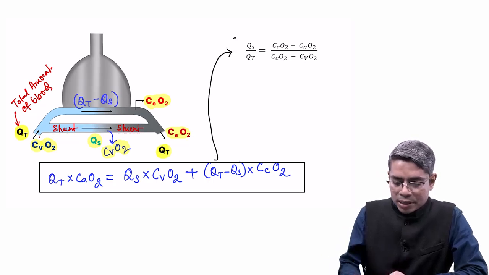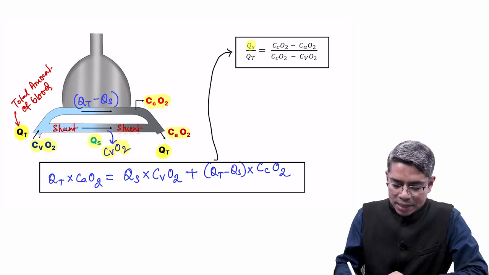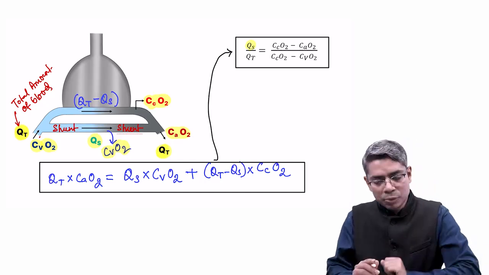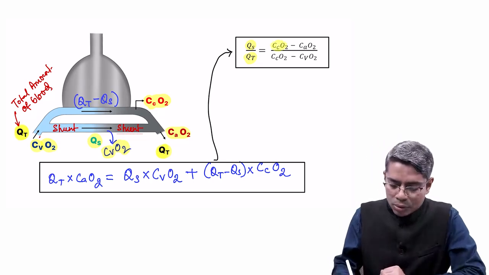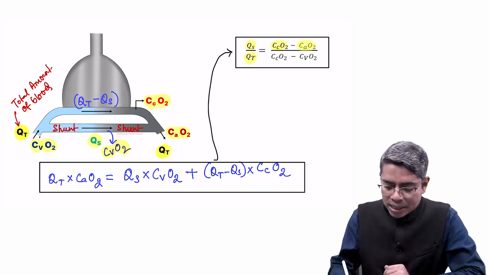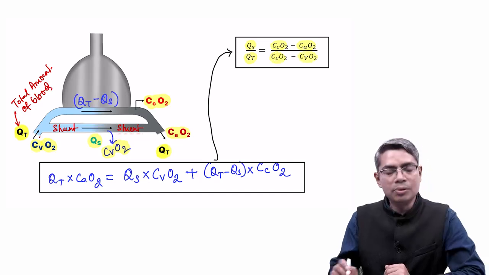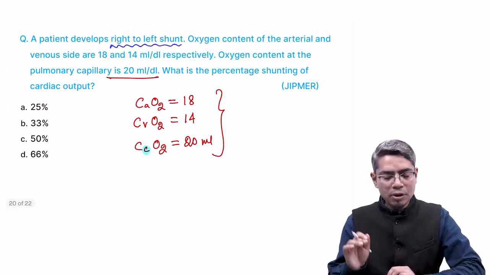So what is the shunt equation? QS, I hope you know, QS is the shunted portion of blood upon QT, that is the total volume of blood, CcO2, that is the blood oxygen content in the pulmonary blood, minus CaO2, arterial blood oxygen content, upon CcO2 minus CvO2. So if you use this formula, you can easily solve this question.